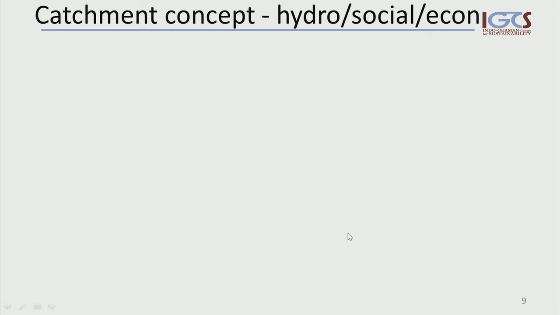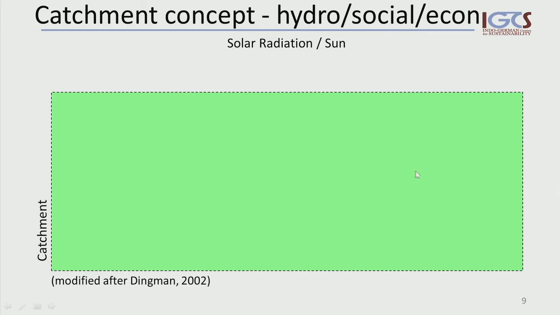Now let's look into the catchment concept from a hydrological, social and economic perspective. Remember how we looked into the different concepts and models when we talked about the water cycle. We only looked at the hydrological part and not the social and economic. Now let's take a catchment as a system, and the green box is showing us our system.